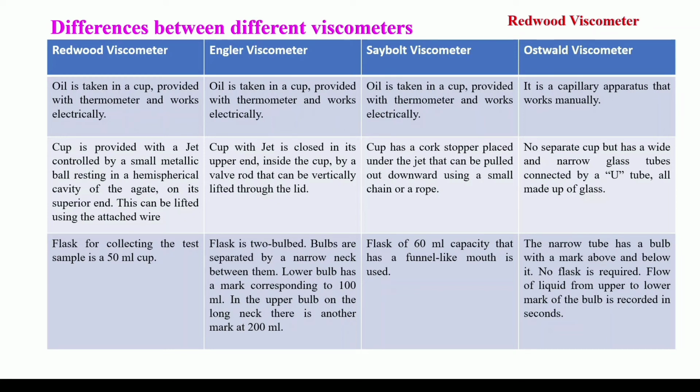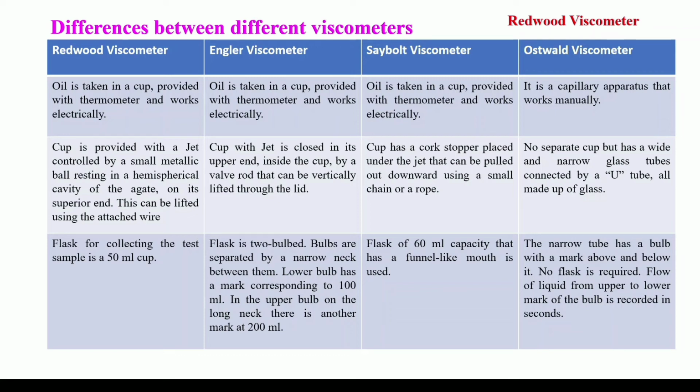And this ball, which is lined with silver, can be lifted using an attached wire to open and close this cavity, the jet. In the Engler viscometer, the jet is closed by a valve rod that can be vertically lifted through the lid. In the Saybolt viscometer, it is provided with a cork stopper. So these are the important differences in the brass cup.